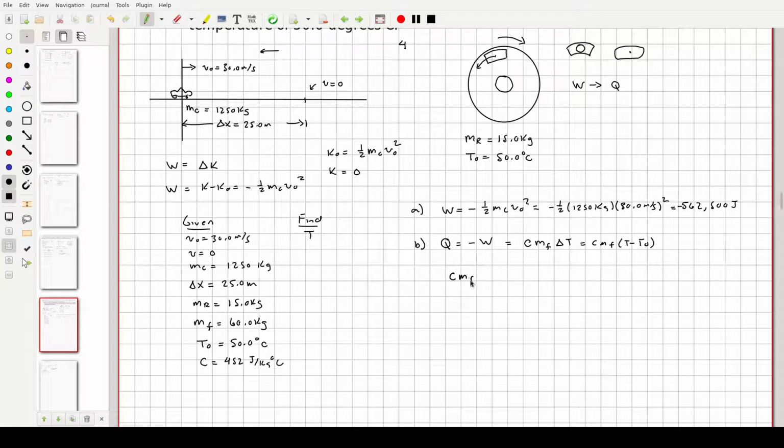C m sub f times T minus T naught is equal to minus the work, we'll just call it minus W, it's this right here. So if I divide both sides by C m sub f, I get that. I'll move T naught to the right hand side.